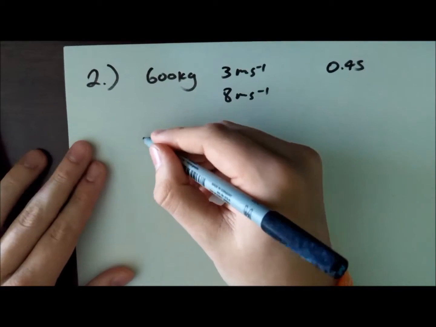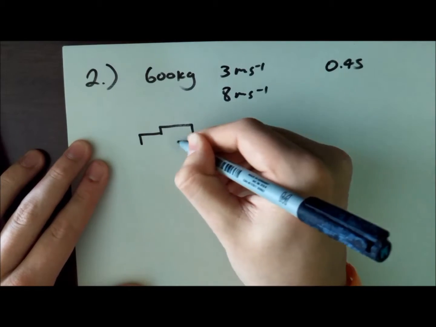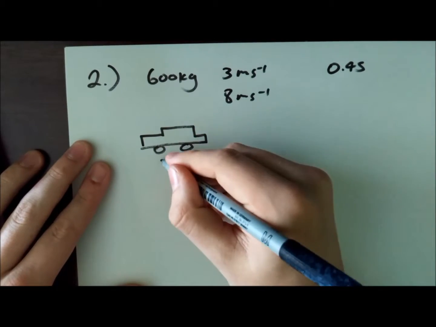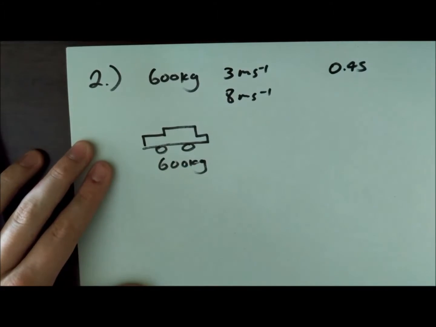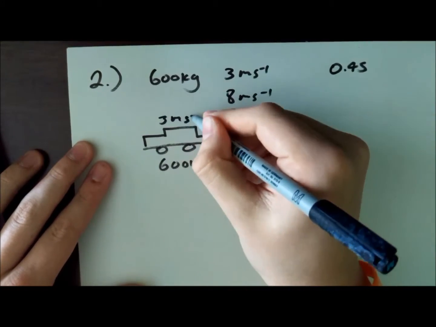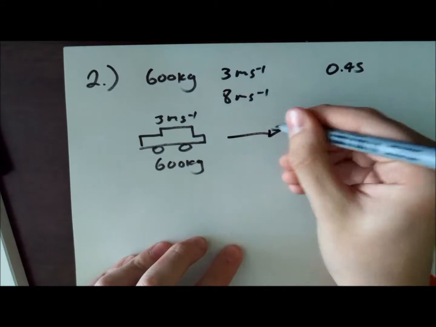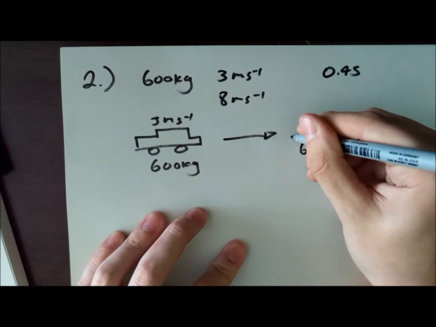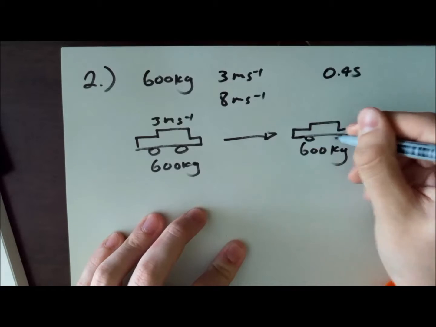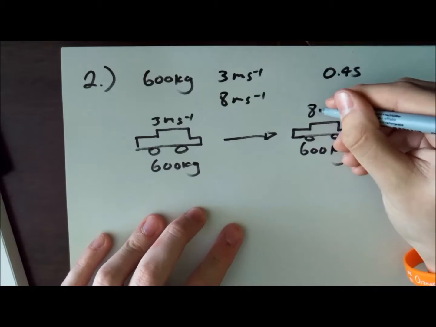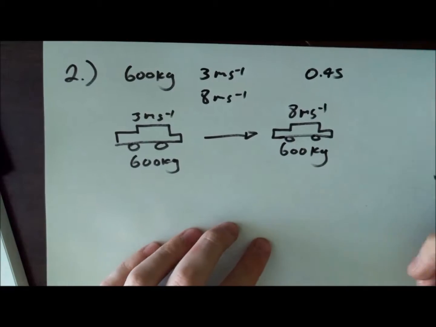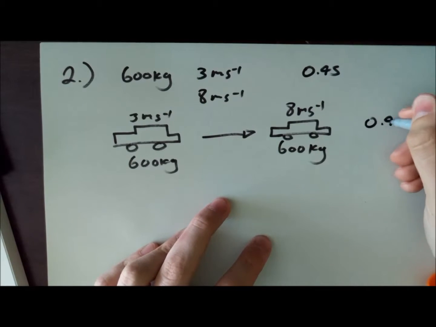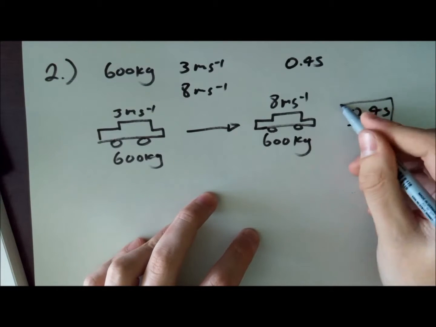So we know that before the crash, the car weighs 600 kilograms, is travelling at 3 meters per second, and we know that after the collision, it still weighs 600 kilograms, but it's moving at 8 meters per second. And it took a time of 0.4 seconds for this to happen.